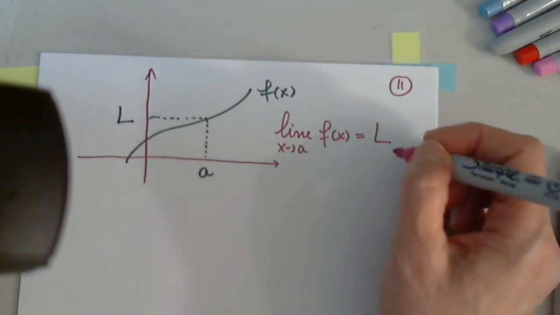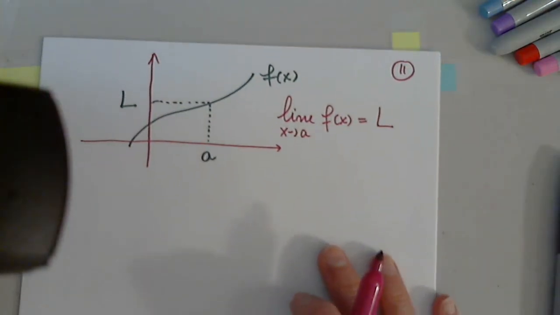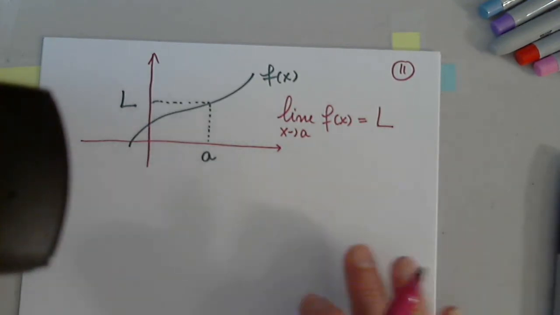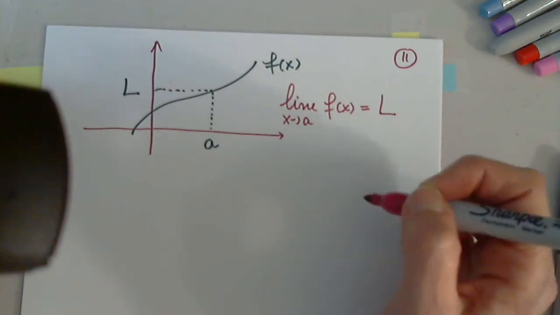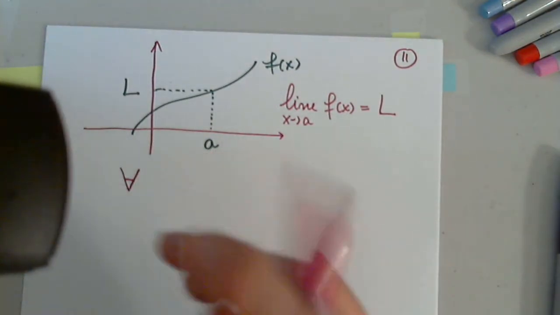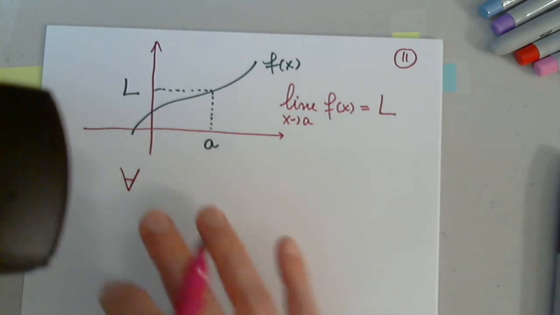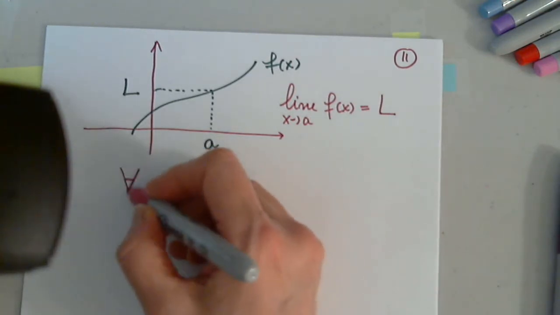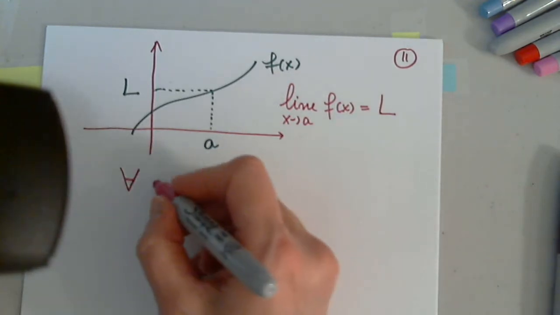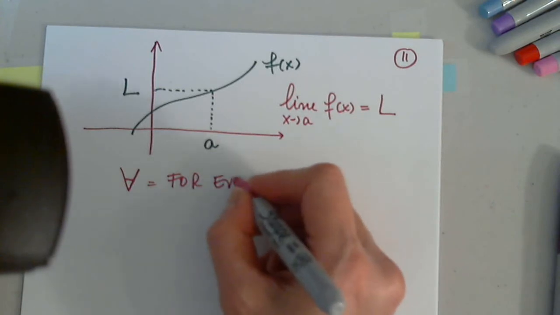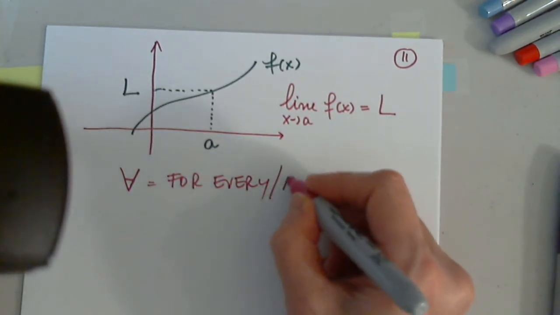Now, the concept. I'm going to use some mathematical notation that I highly recommend because it cuts back on a lot of writing. Here are the symbols that we are going to use. The upside down A, I have not invented these. These are legitimate mathematical symbols. This upside down uppercase A stands for every, for any.